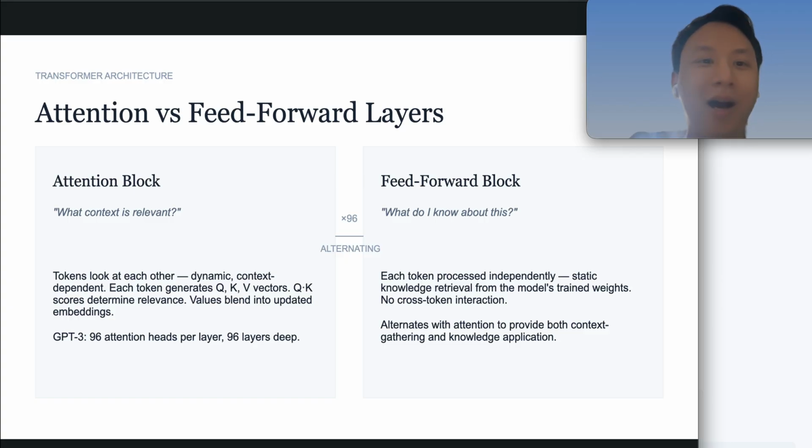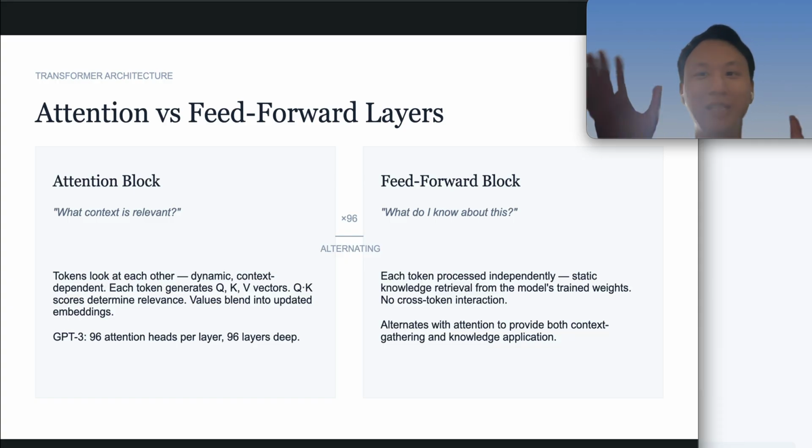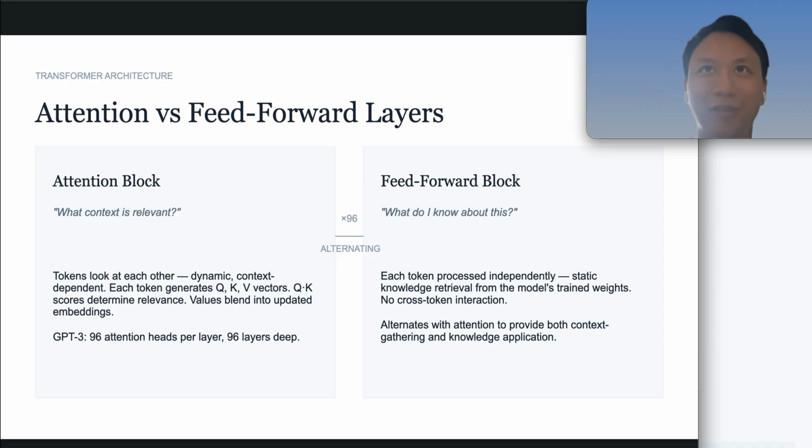How I like to visualize this is you first process the information in the attention block, and just like in those sci-fi movies where you're doing some kind of spaceship navigation, sometimes you have a 3D map you can zoom in and out of in order to pinpoint where you want to go. That's a similar thing to what's happening between attention blocks and feed forward blocks.